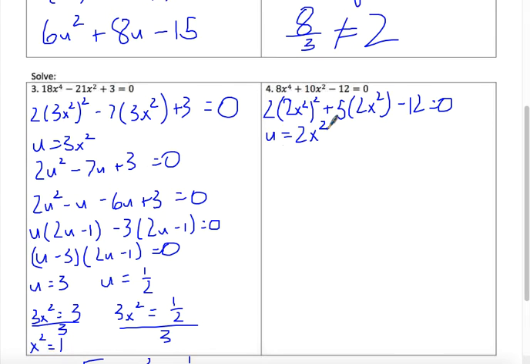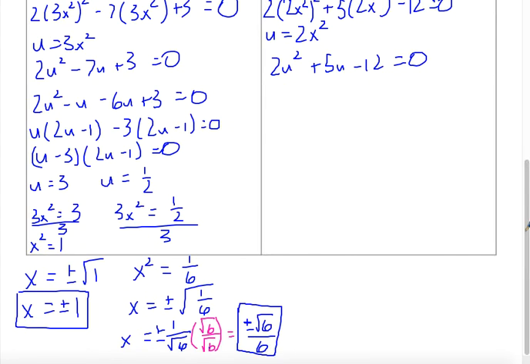So now this is just 2u squared plus 5u minus 12 equals 0. So now we need to find numbers that multiply to negative 24 and add to 5. So that's 2u squared plus 8u minus 3u minus 12.